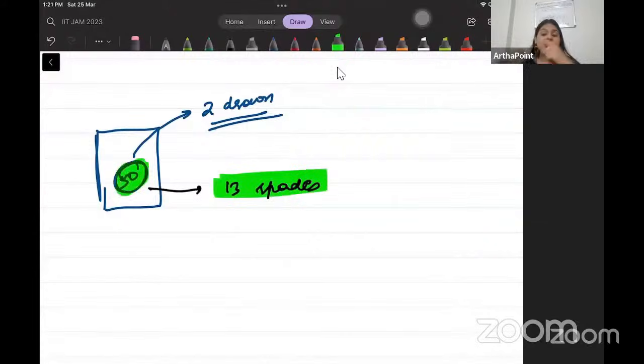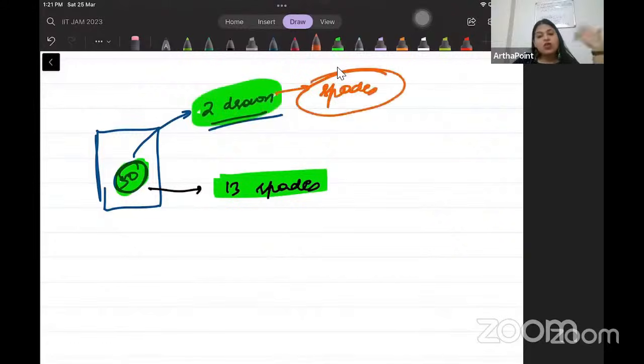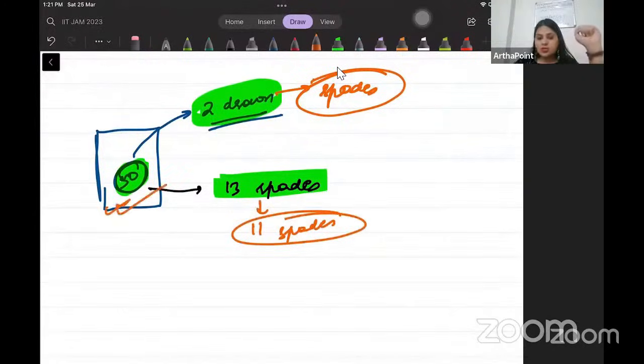But here is the thinking that should start. It is possible that the first 2 cards that I drew were both spades. I have lost both the spades. In that case, I will only be left with 11 spades and 50 total cards.